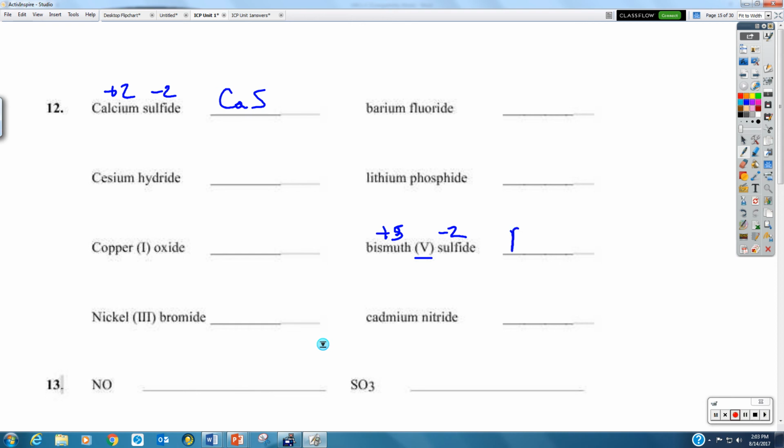So it's going to be Bi2S5. All right. Nickel 3 bromide. That 3 is telling us that nickel is a +3, bromine's a -1. So it's going to be NiBr3. Do I need to do any more of those?